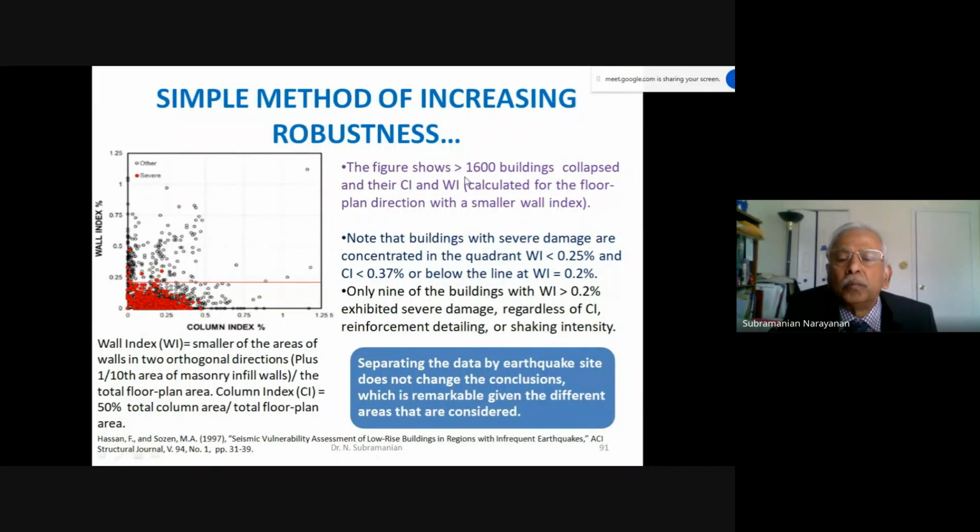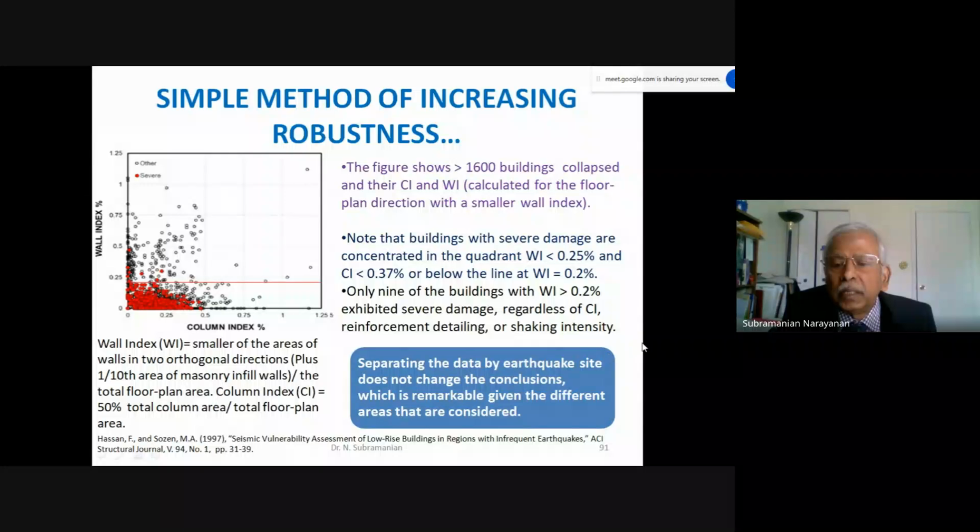This figure shows more than 1,600 buildings collapse on their CA and WI ratios. Note that the buildings with severe damage are concentrated in the quadrant WI less than 0.25 and CA less than 0.37, or below the line WI equal to, that is wall index equal to 0.2%.